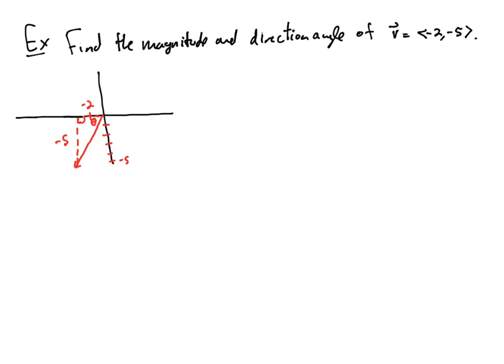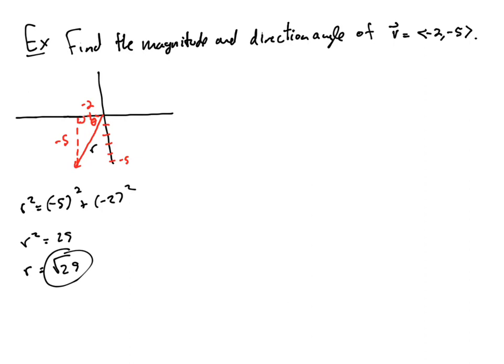Okay, so to find the magnitude r, we're just going to say r squared is equal to negative 5 squared plus negative 2 squared. R squared is 29, so r is equal to the square root of 29, and we only use the positive value here because we want our magnitude to be positive.